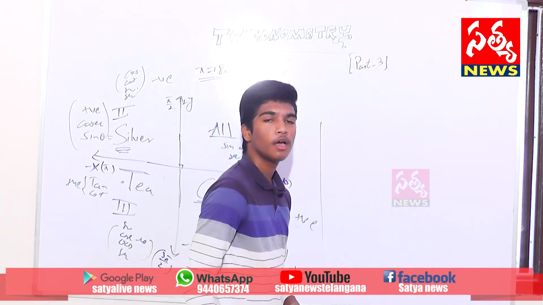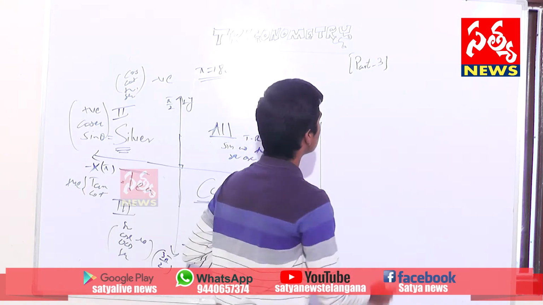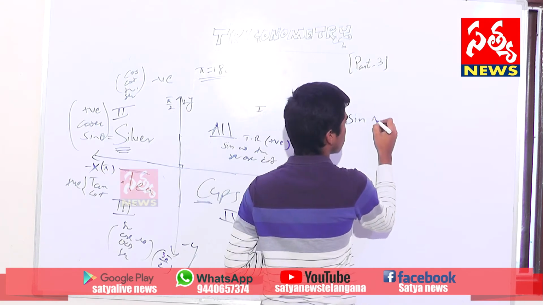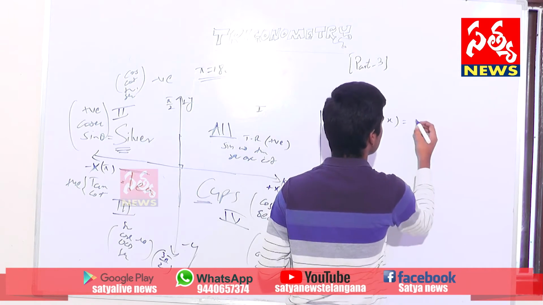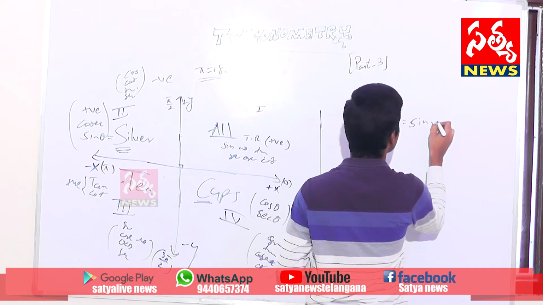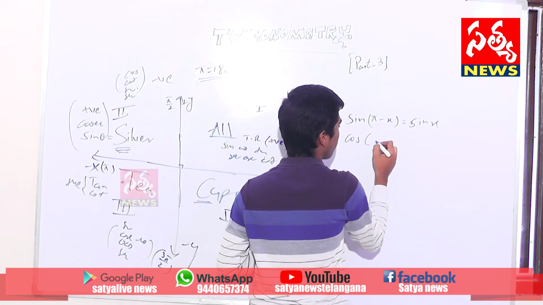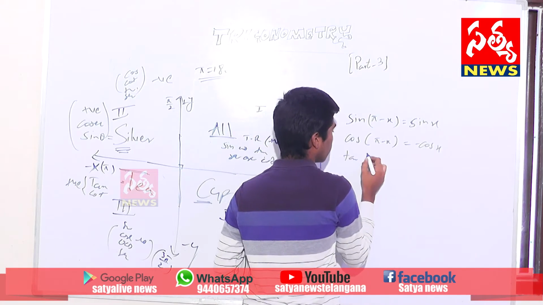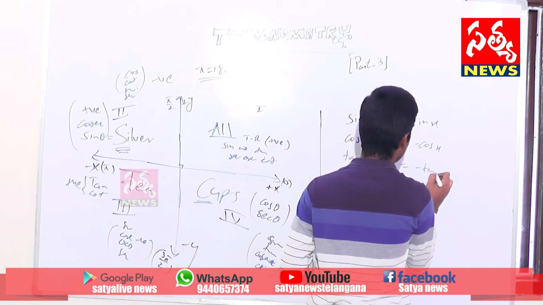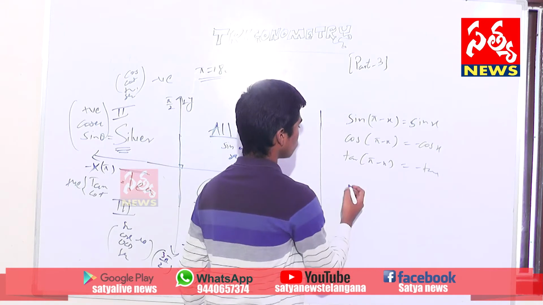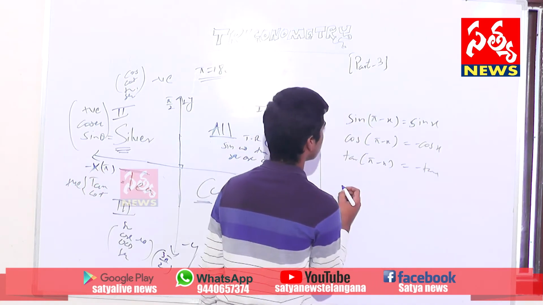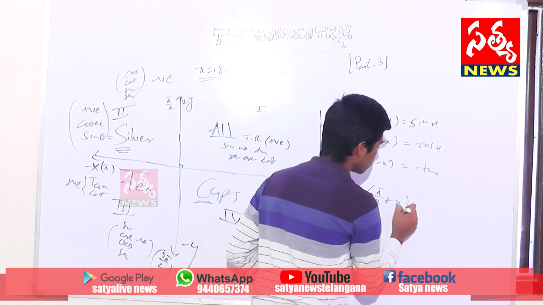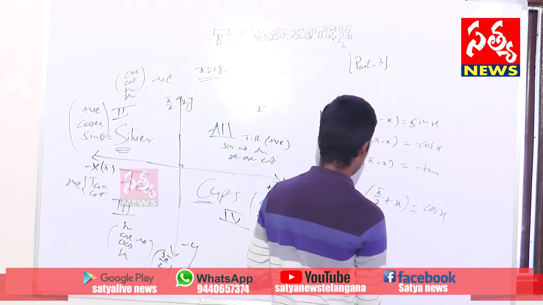Before that, I want to say some more compound angles. Sin pi minus x is equal to sin x. Cos pi minus x is equal to minus cos x. Tan pi minus x is equal to minus tan x. And sin pi by 2 plus x is equal to cos x.